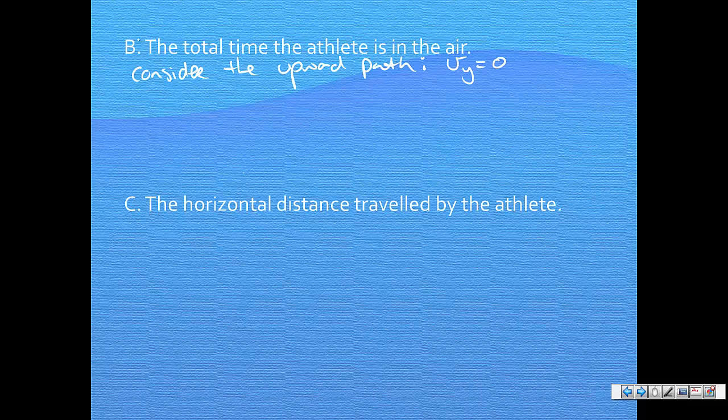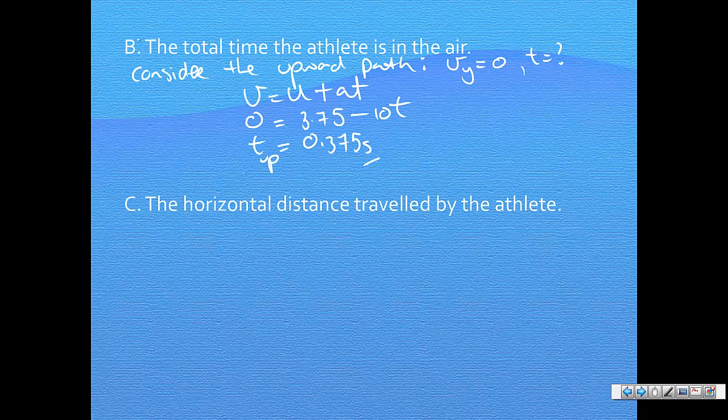So therefore I need to find time. So probably there, given that I've got u, again I could use v equals u plus at, final 0, initial is 3.75 minus 10t, so therefore the time up would be 0.375 seconds.